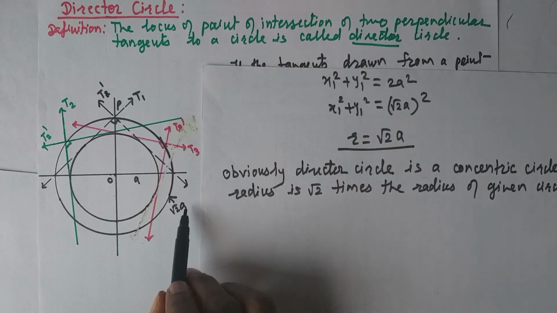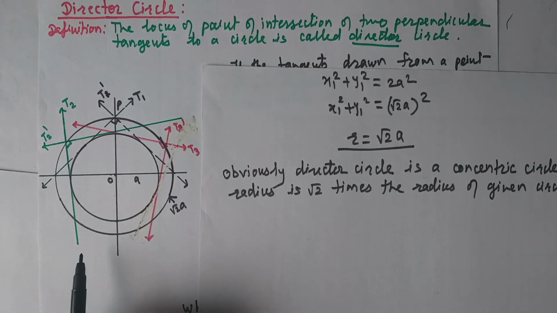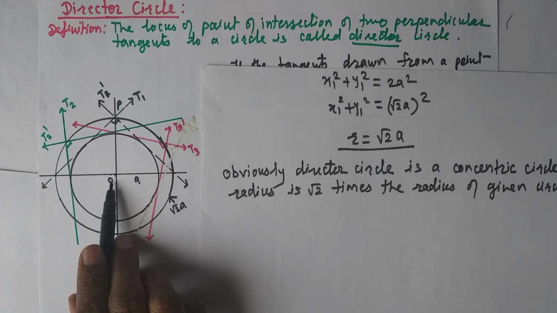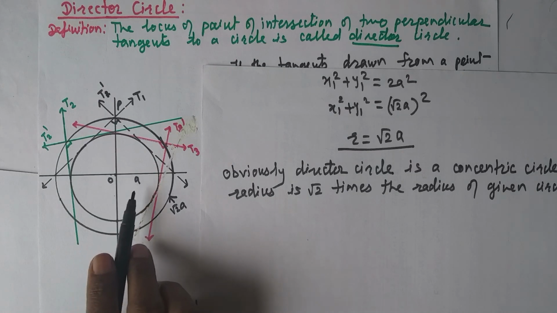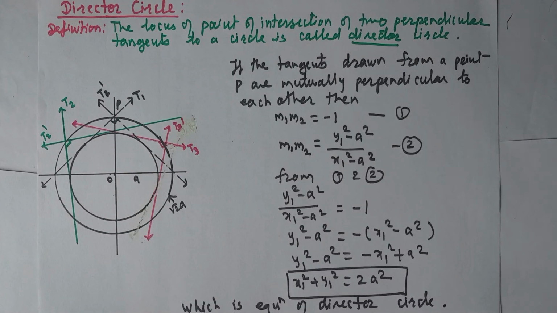And obviously this director circle is concentric with the given circle, meaning they have the same center, only they differ in radius.